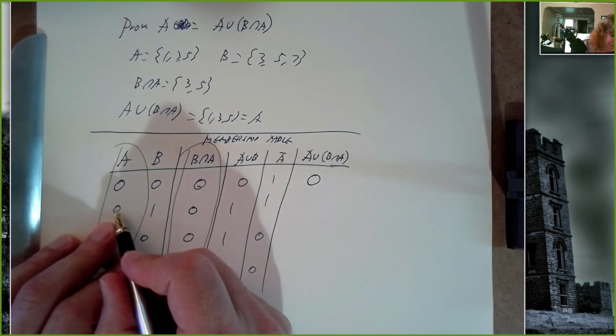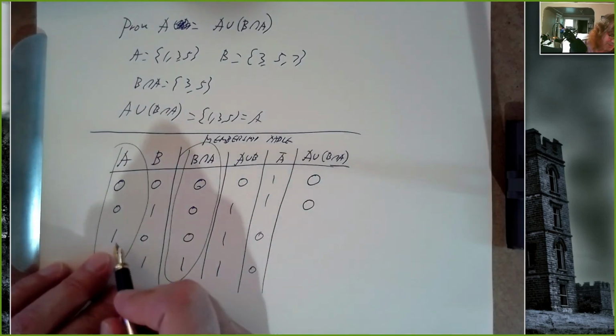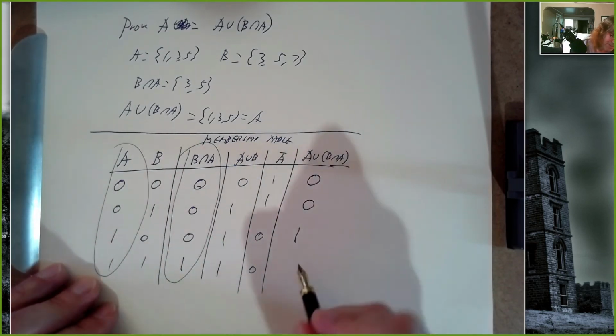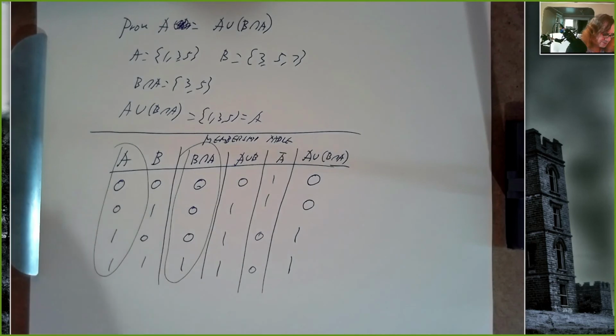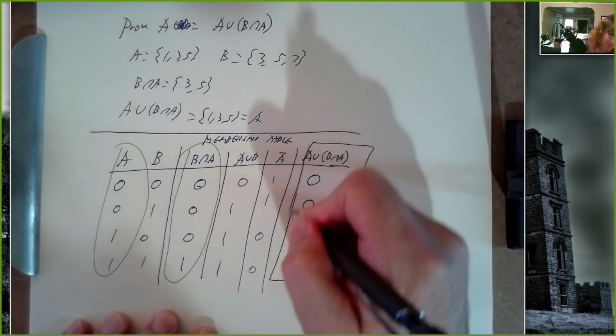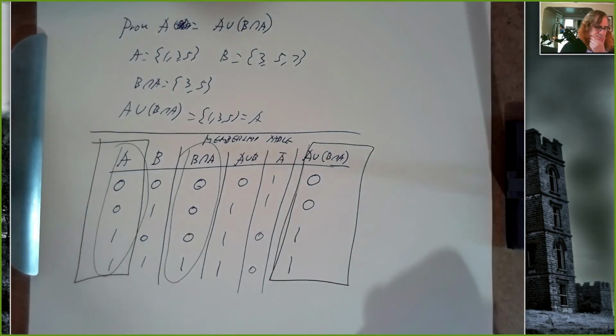Here I thought of an element, it's not in A, it's not in the intersection, it's not in the union. But here's something which is in A, so it's in the union, and here it's in both A and B, so it's in the union also. And now, based on that, what can I do? I can say, hey, look at this column. Exactly the same as this column.